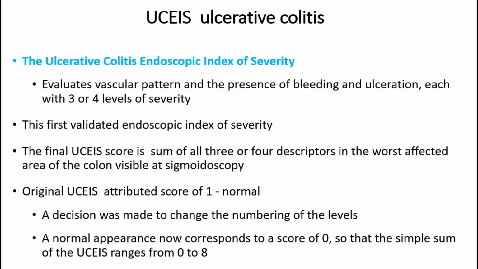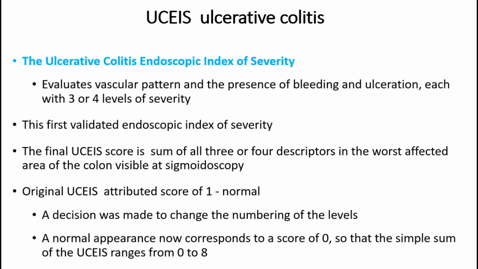The final UCEIS score is the sum of all the descriptors in the worst affected area of colon visible at sigmoidoscopy. The original UCEIS attributed a score of 1 for normal, and later the numbering of the levels was changed, so that a normal appearance now corresponds to a score of 0.